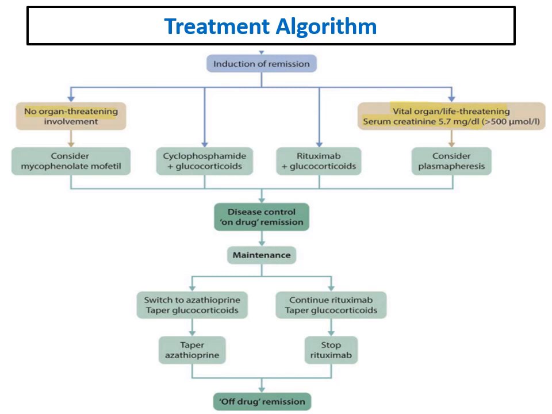Again, this is our last slide. This is the summary. For induction, we give steroids, which are a must, plus cyclophosphamide or rituximab. If the condition is severe, we should consider adding plasmapheresis. And after control of the disease, we should start our maintenance therapy with either azathioprine plus low-dose steroids or rituximab.